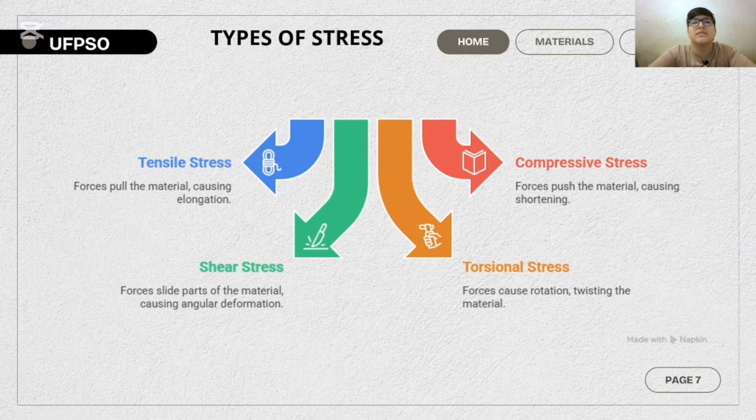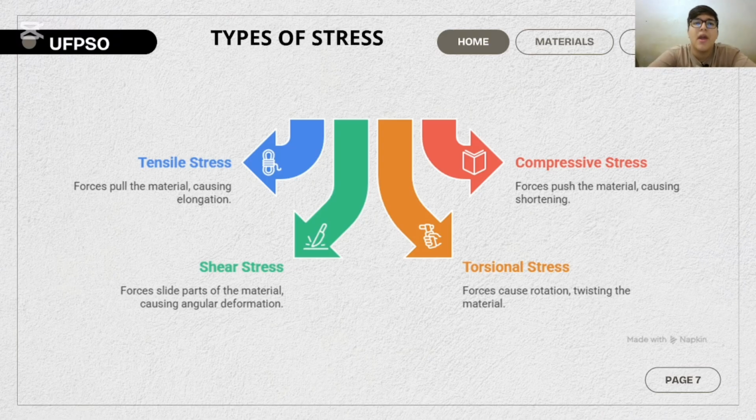In this case, the particles of the material move closer together. Example: compression stress occurs in columns of a building. The columns support the weight of the structure above them.